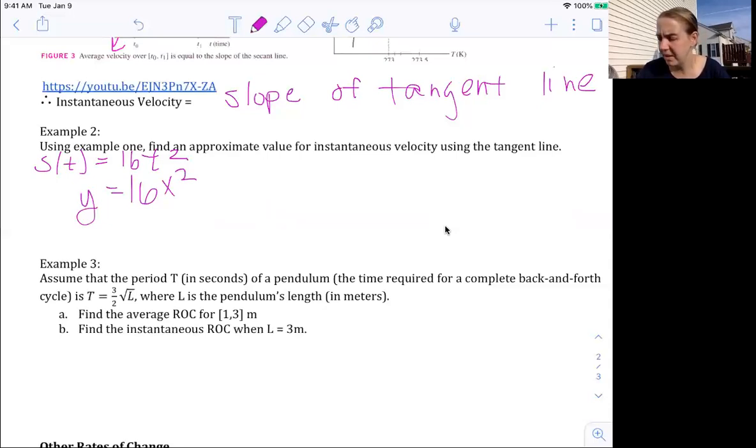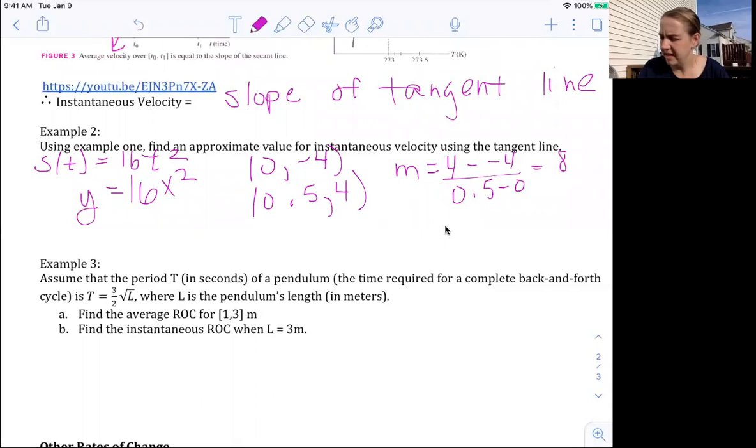So what points are we talking about? From the other page, we had (0, -4) and (0.5, 4). So when we go to find our slope, y2 minus y1 over x2 minus x1, I'm going to say 4 minus negative 4 over 0.5 minus 0. So the numerator is 8, the denominator is 0.5.